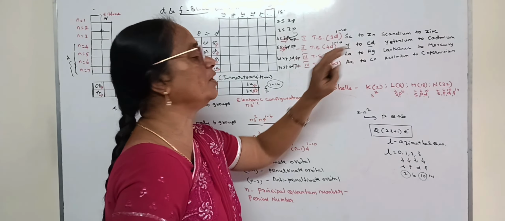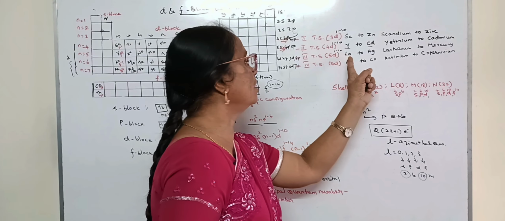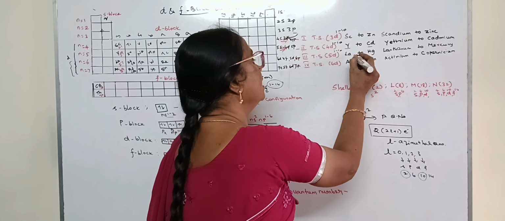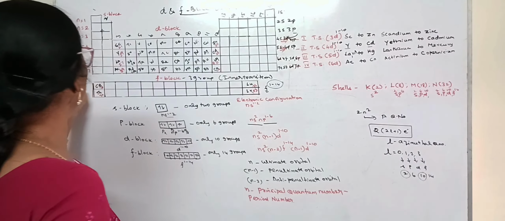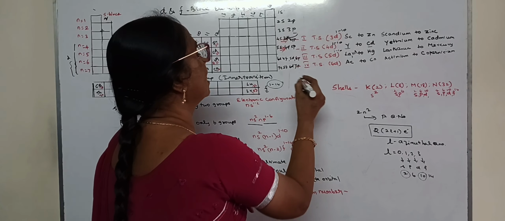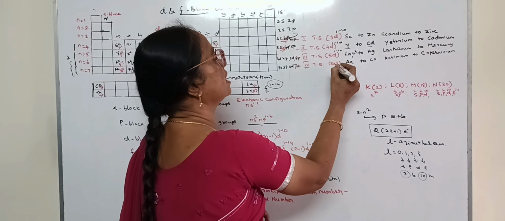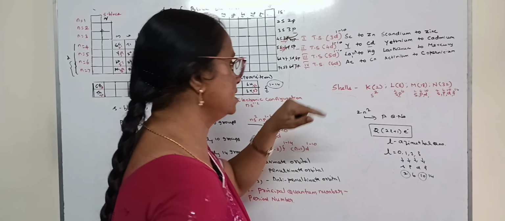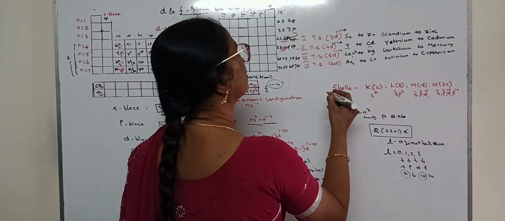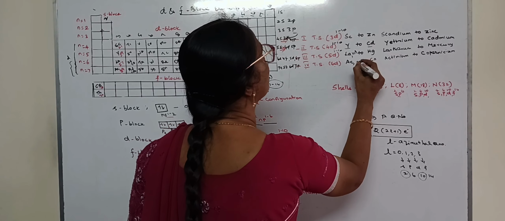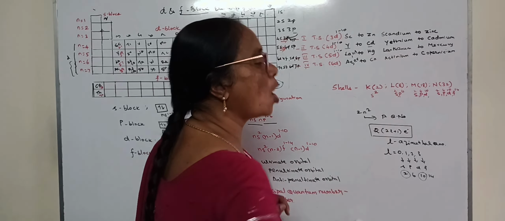So it is said to be the 5d series, which starts from lanthanum and hafnium to mercury. Then the last period, the 7th period, has the 4th transition series, or the 6d series, where the element actinium and then the next member Rutherfordium to copernicium.